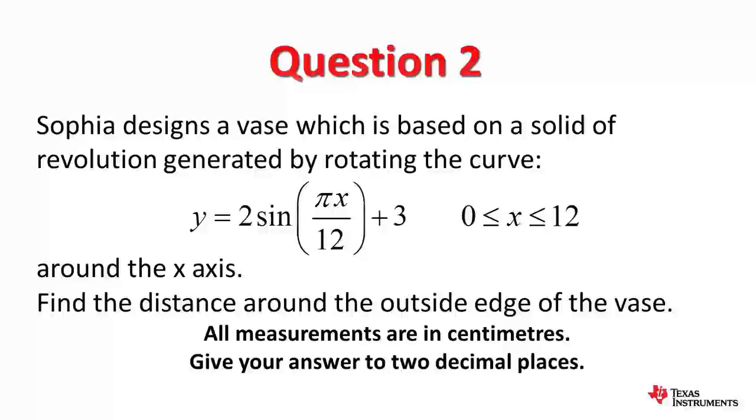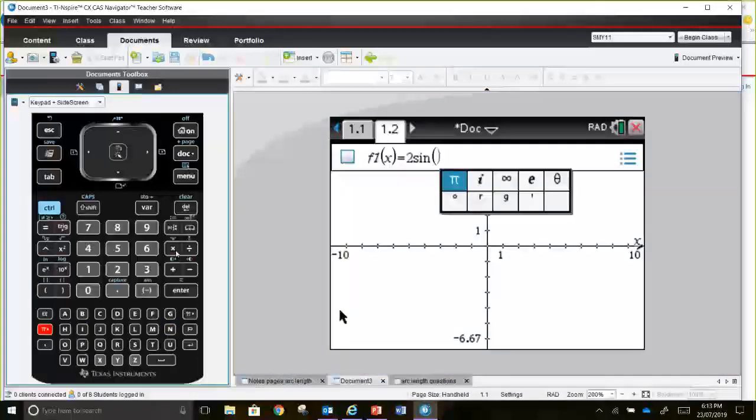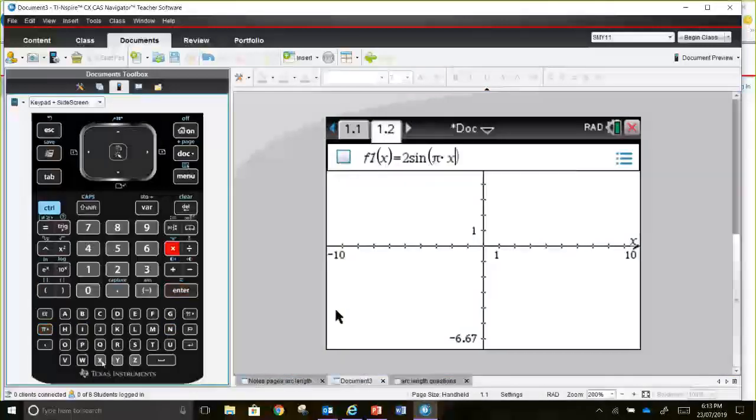So if we enter the equation in the graph page, our equation here is 2 sine of pi multiplied by x and divided by 12, plus 3.